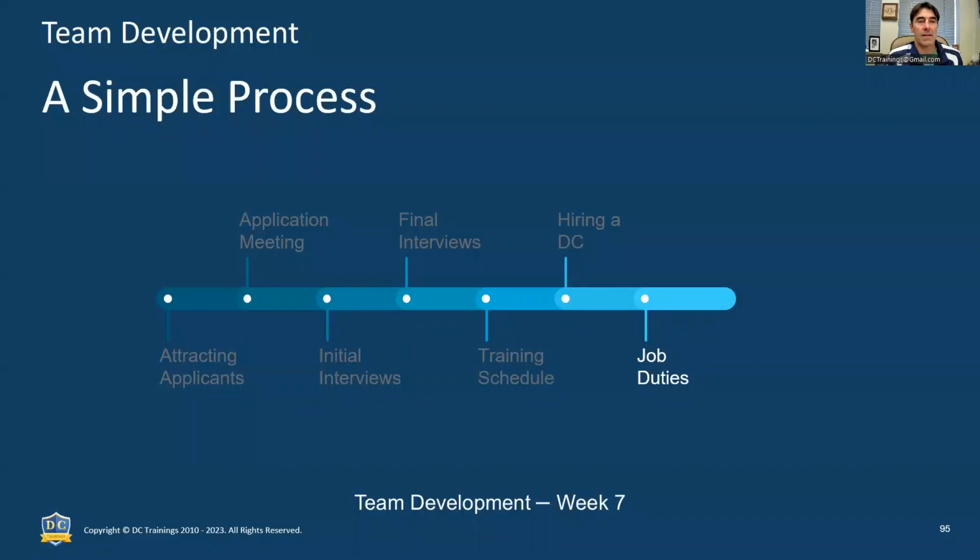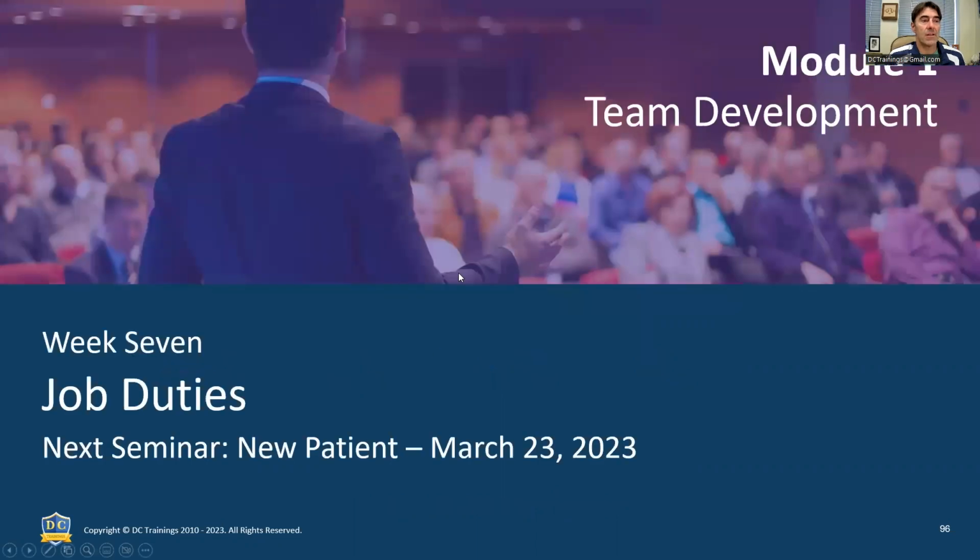I'm juggling between two screens, so I'm going to share my screen with you. As you can see, we are in week 7 of module 1. A week from this Saturday, we will have our next seminar, the module 2 new patient seminar. In that seminar, we're going to go through the details of the new patient sequence.